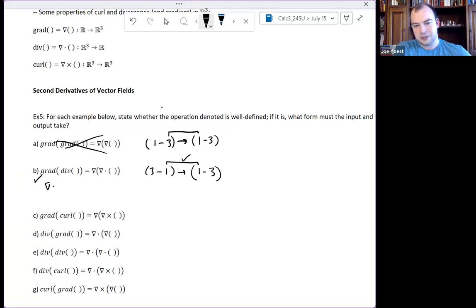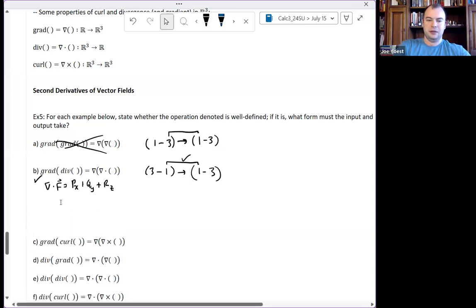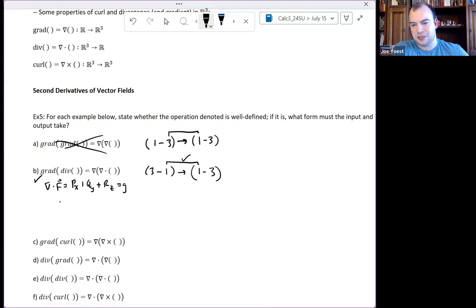So the divergence is px plus qy plus rz. This is some function, let's call it g of x comma y comma z. I can take the gradient of this function. It's just some function of x, y, z. Just because it happens to be the divergence of some vector field doesn't matter. I can take its gradient.